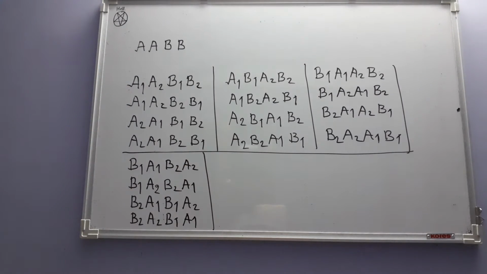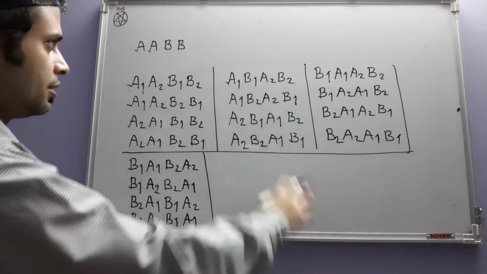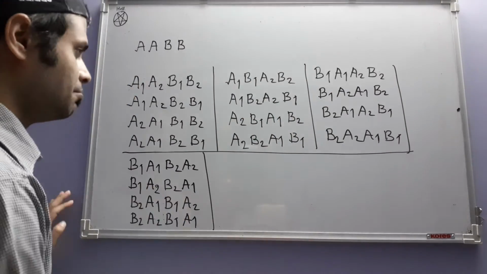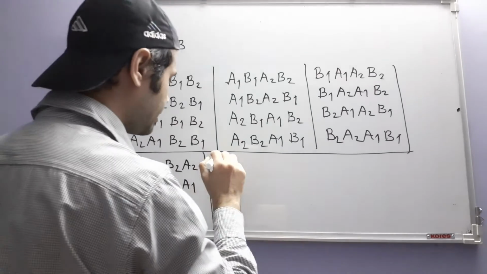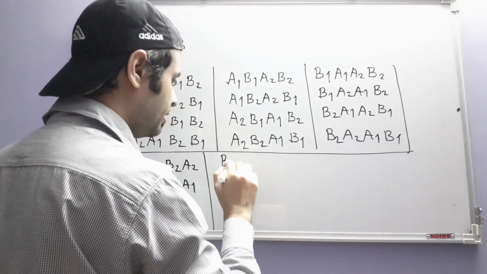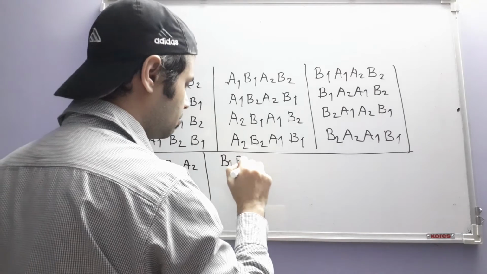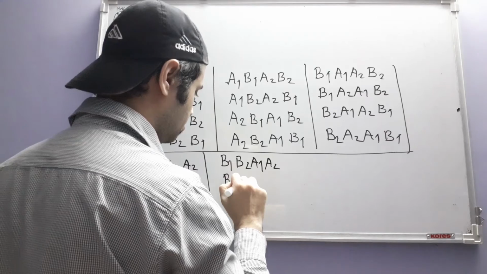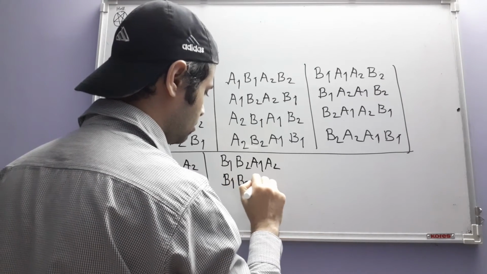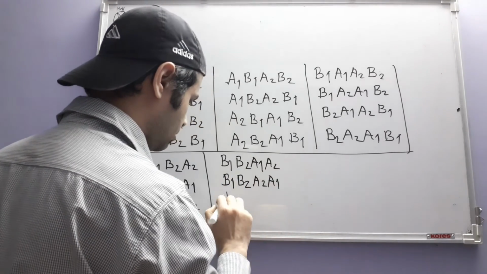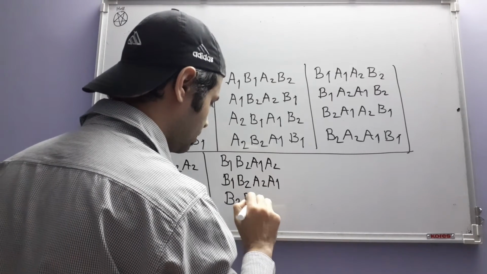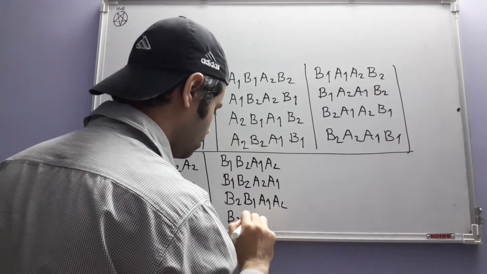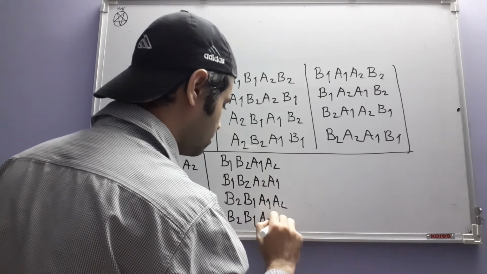Okay. So A, B, A, B I have, A, B, B, A I have, B, A, A, B I have, B, A, B, A I have. And I can also have B, B, A, A: B1, B2, A1, A2, B1, B2, A2, A1, B2, B1, A1, A2, and B2, B1, A2, A1.